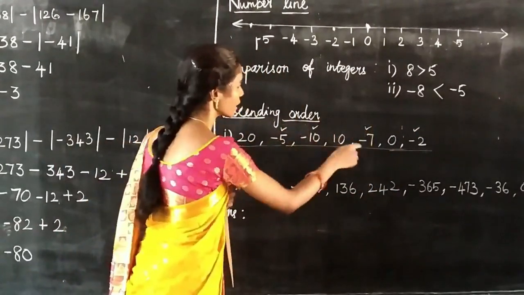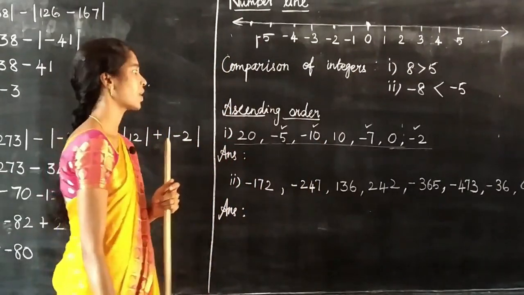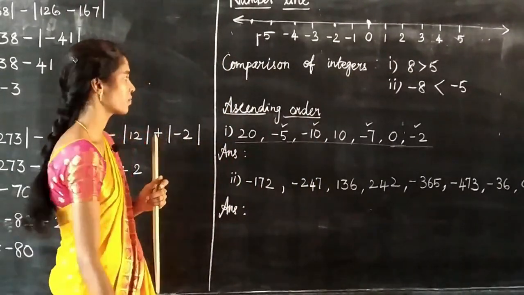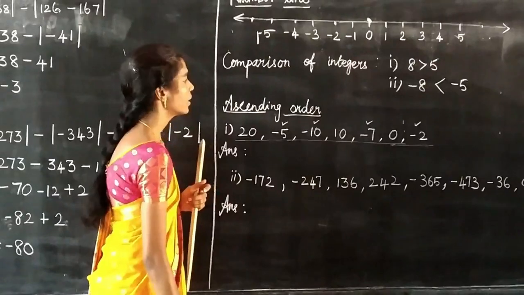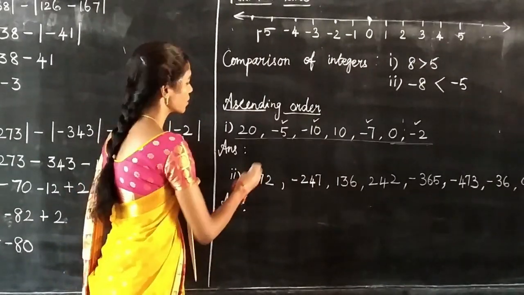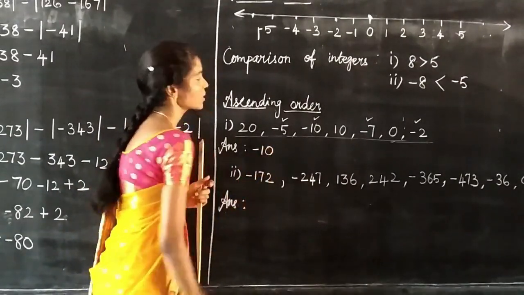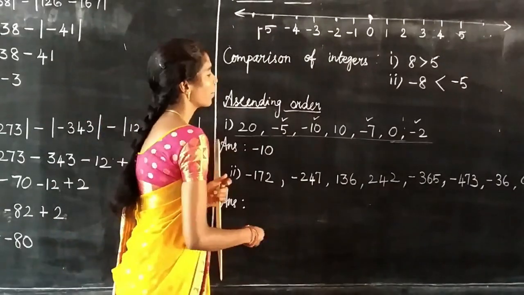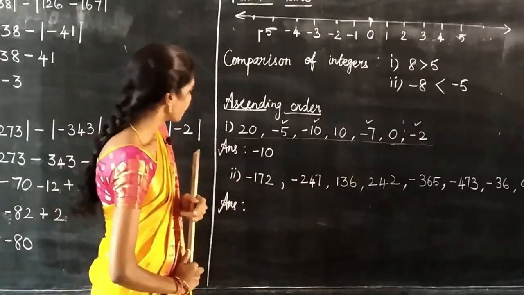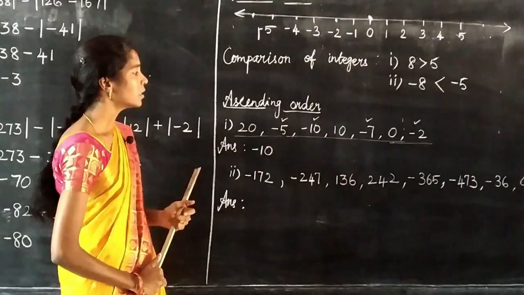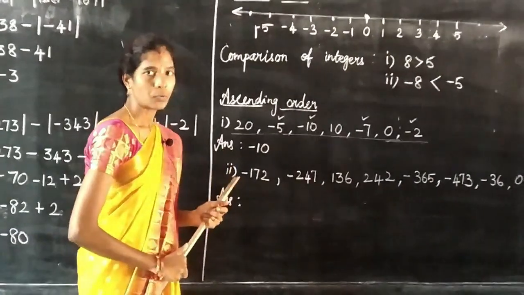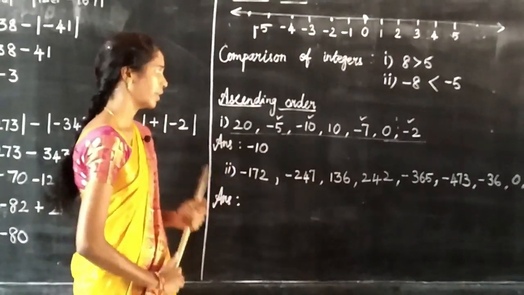Among these negative integers, which is the smallest one? Minus 10 is the smallest integer, because I told you the integer with a greater absolute value is the smallest integer.